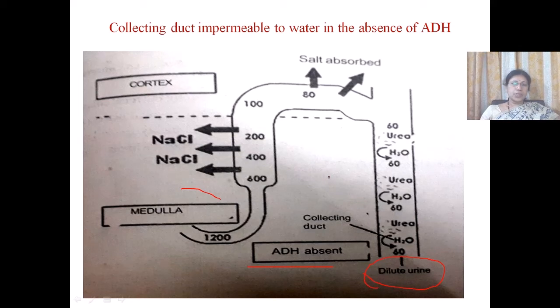The excretion of large amounts of dilute urine is, in medical terms, called diuresis. In contrast to that, excretion of concentrated urine in less quantities is called antidiuresis.